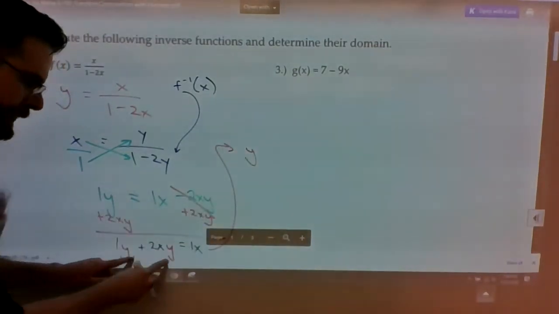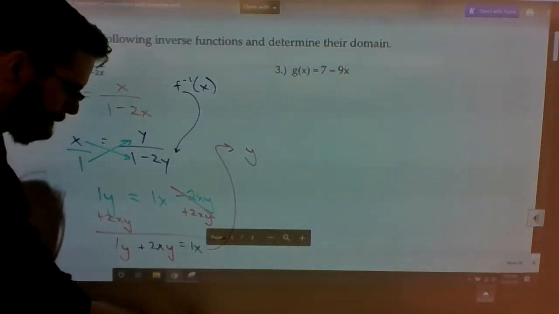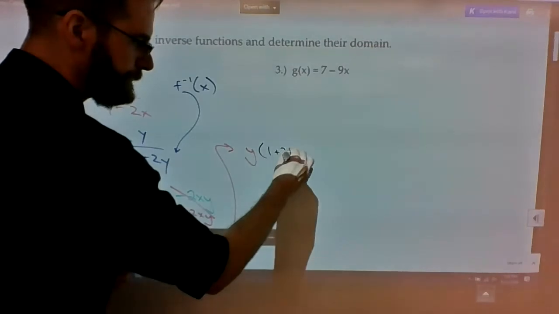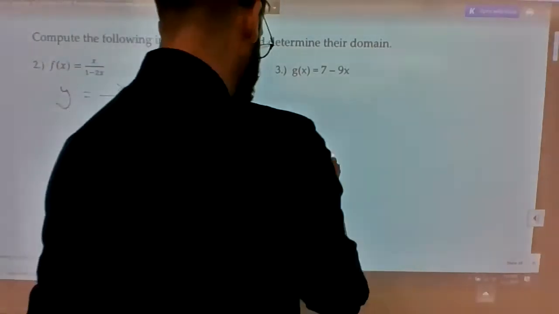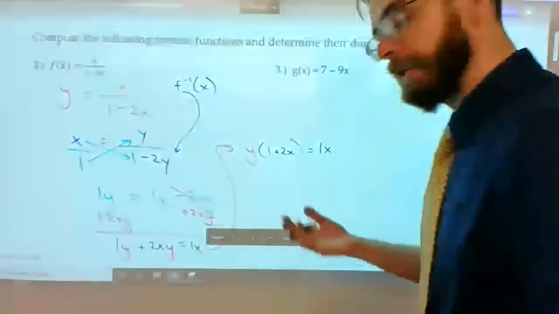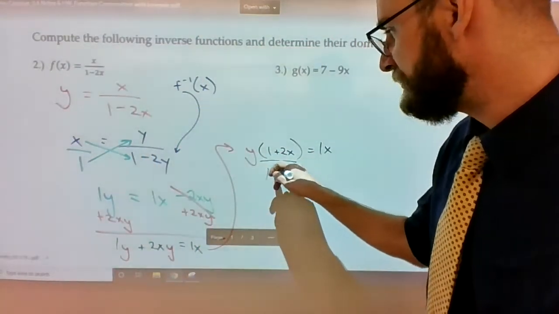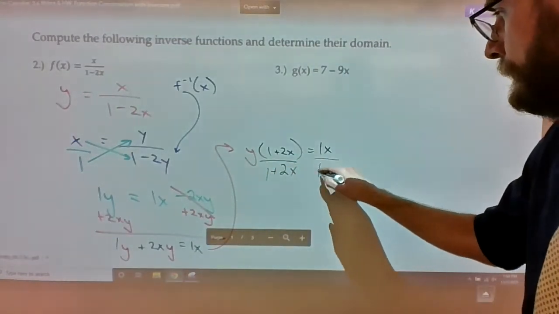But what I can do is factor out that y value. So I can take that red y, do a reverse distributive property move, and then 1 plus 2x is what's left inside the parentheses. All right, on the right-hand side, you get 1x. And you know what? That's exactly what we need to divide by in order to get that y value by itself.